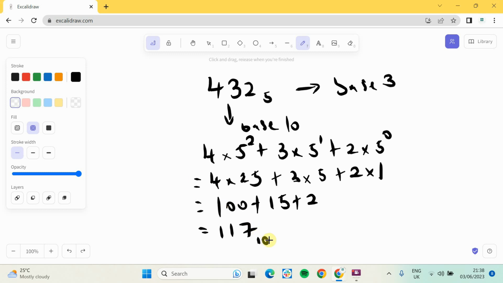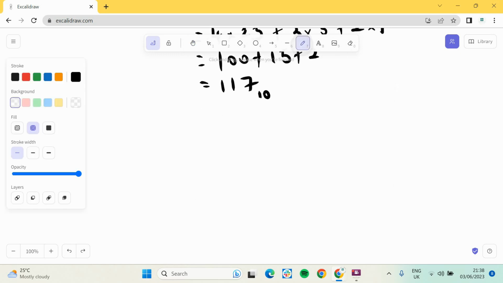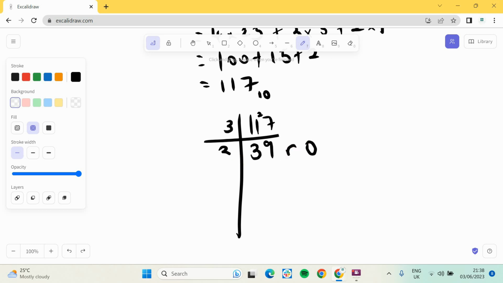Right, so the only next thing for us to do is to convert this base 10 to what? To base 3. So 117 to base 3. 11 divided by 3 is going to give me 3 with the remainder of 2, right? So 3 in 27 is 9. So that means that there's no remainder, 0. 3 in 3 is 1. 3 in 9 is 3.